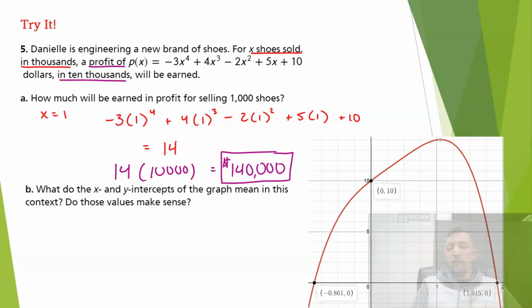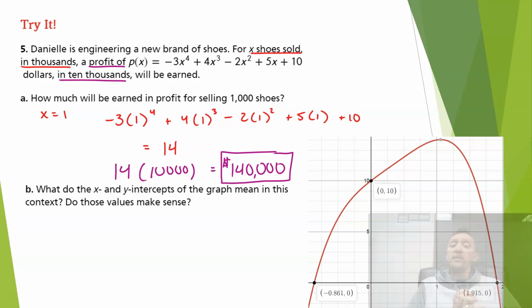She's not going to have a negative amount of shoes. So let's look at the other x-intercept, 1.915. That means if she sold 1.915 thousand shoes, so again, x is in thousands, so if she sold 1,915 shoes, she would have a profit of $0. That doesn't make any sense.